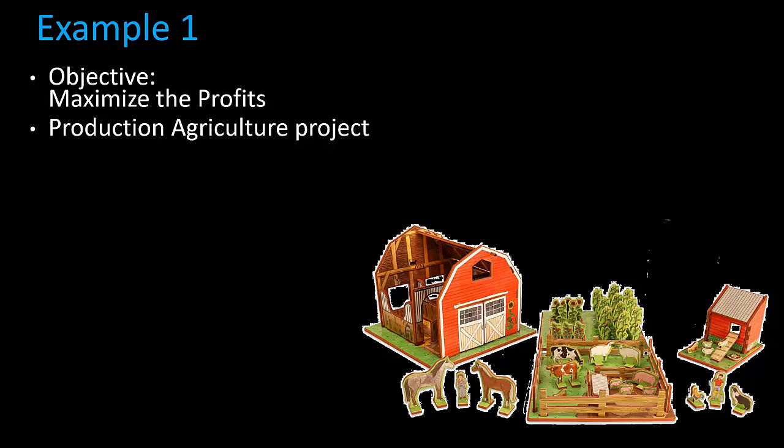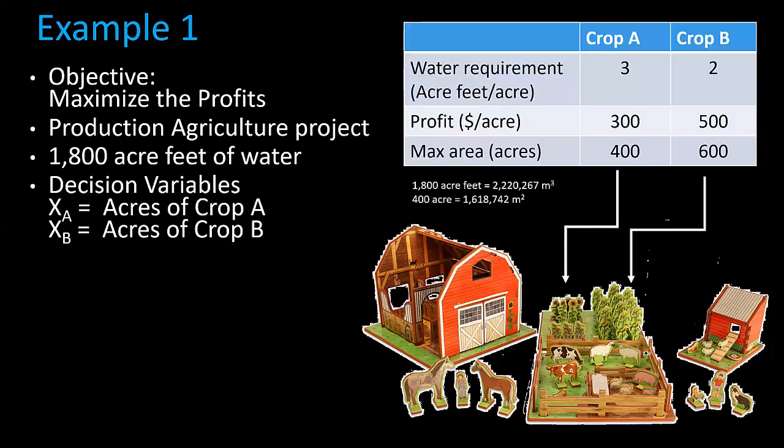Yeah, you're growing, but at the end you also want to get some profits out of it. Ideally, the largest amount. So in this specific farm that we're seeing here, it might be that this farm only has 1,800 acre-feet of water. This is their water right, so that's what they will be using on an annual basis.